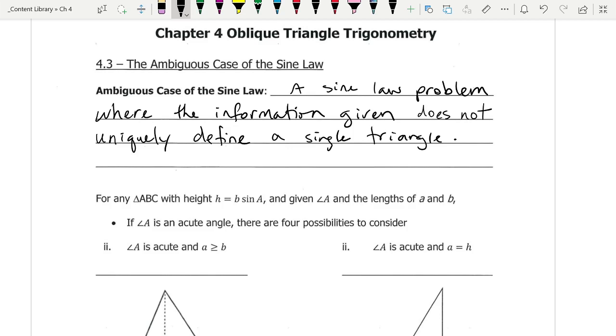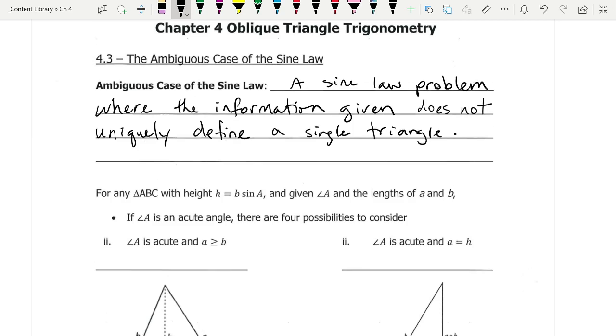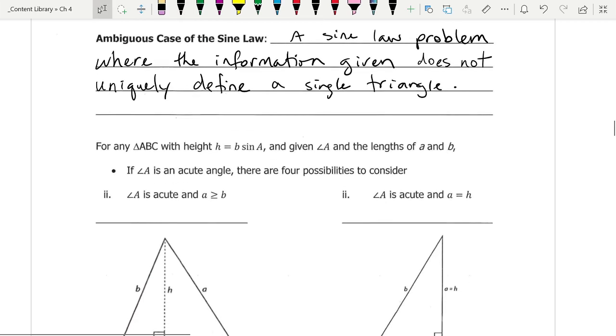If I tell you I have triangle ABC, and remember, we're going to talk about ABC not being a right triangle. So what's the word for that again? Oblique.